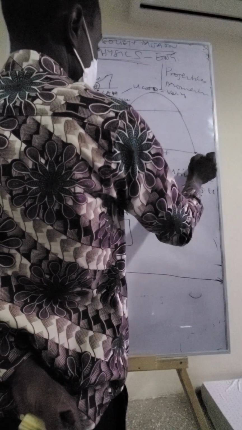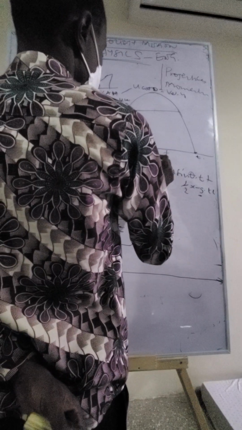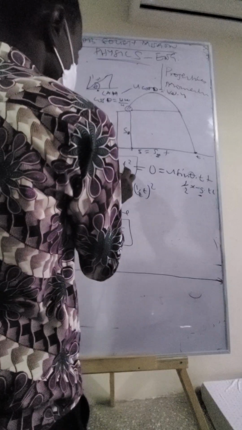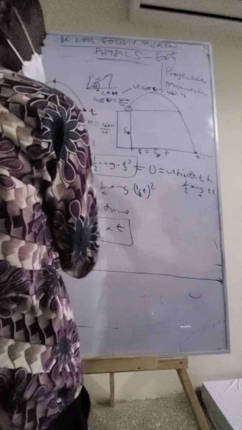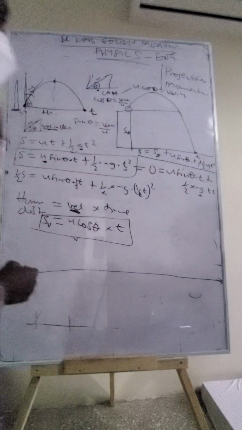Let's say our time t is here, so our initial height plus the distance we're going to get for this one. Given the time and the u here, we put them there. So u sine theta times t plus half negative g t squared. So this becomes the equation.